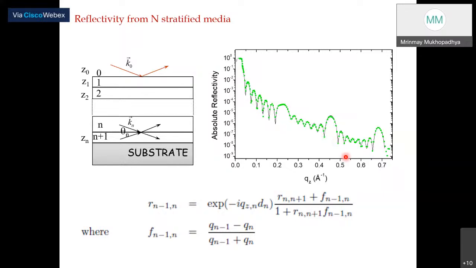But this reflectivity profile can be analyzed, and you can extract the information of all the individual layers. So just remember that you are not seeing a single layer, but multiple layers, and you are getting the information about thickness, roughness, and density of each layer.